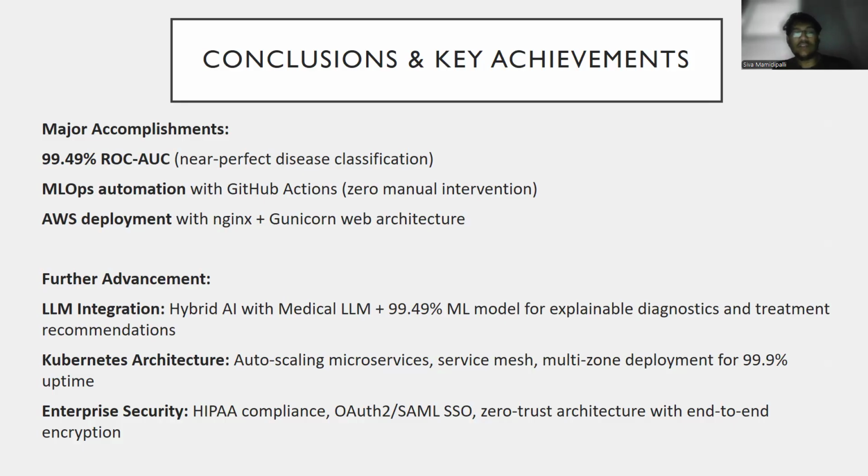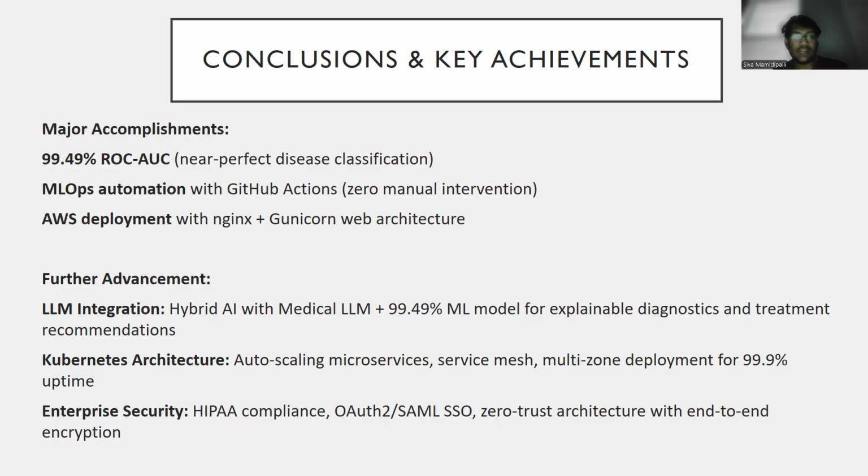This application can be enhanced further. We can add an LLM model, and we can also do a hybrid model based upon our requirement. By introducing continuous data integration, new symptoms and diseases can be integrated in future.